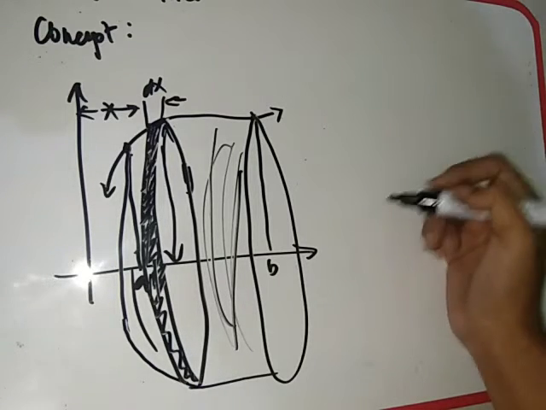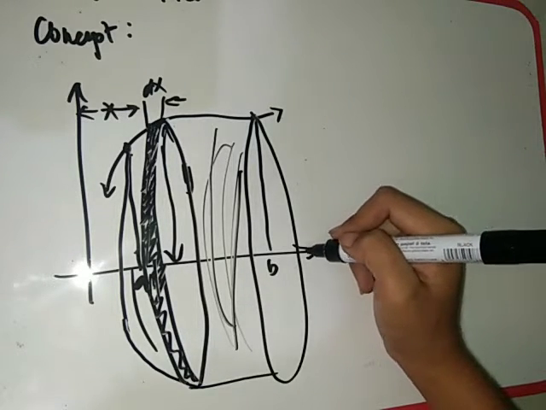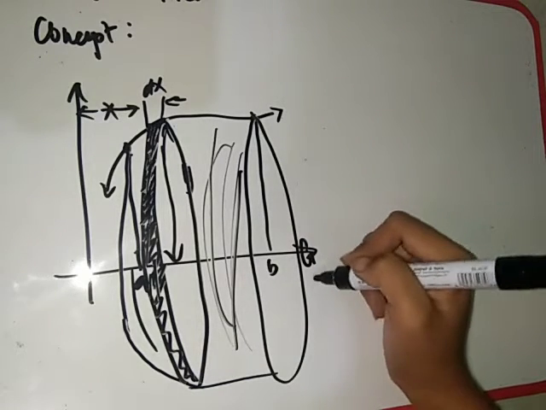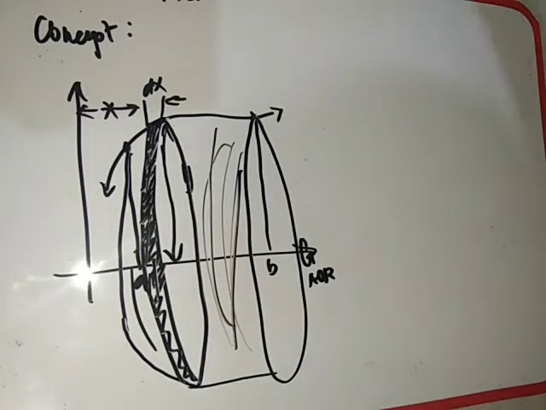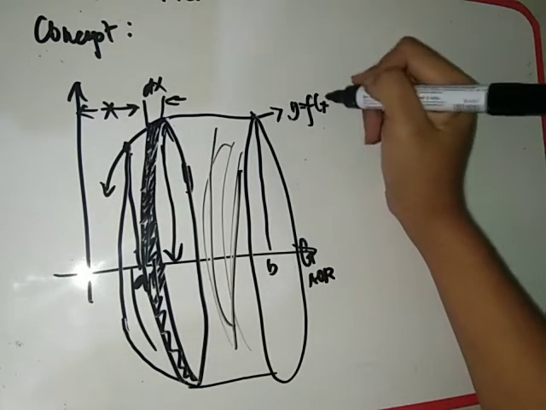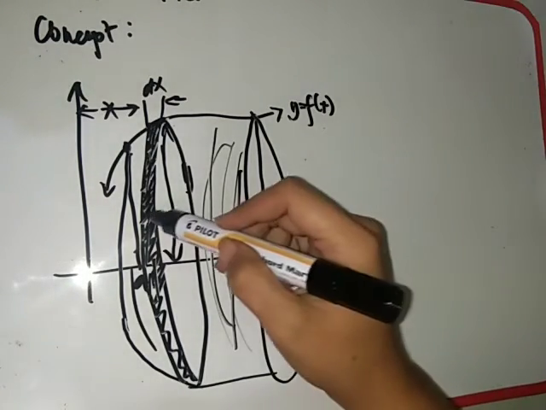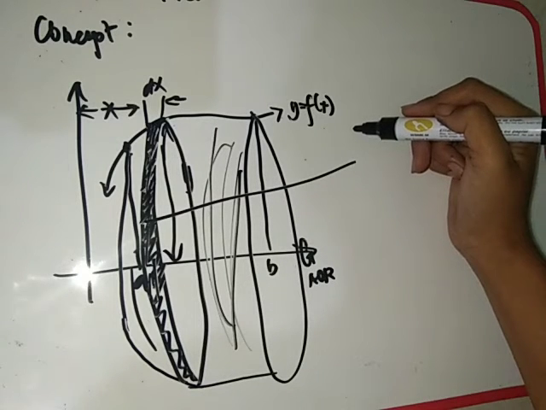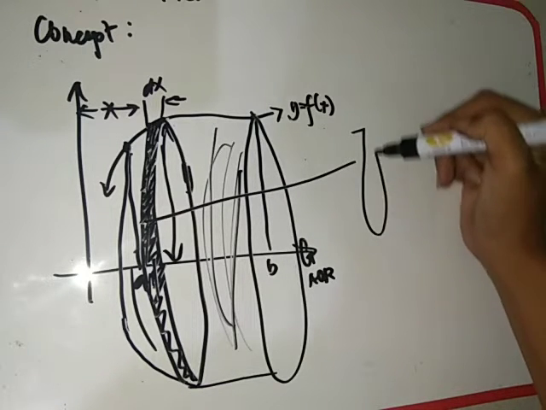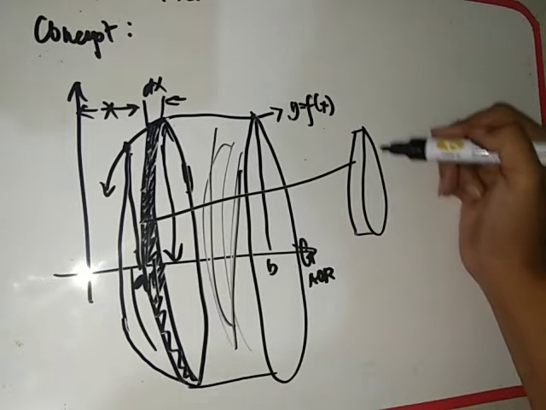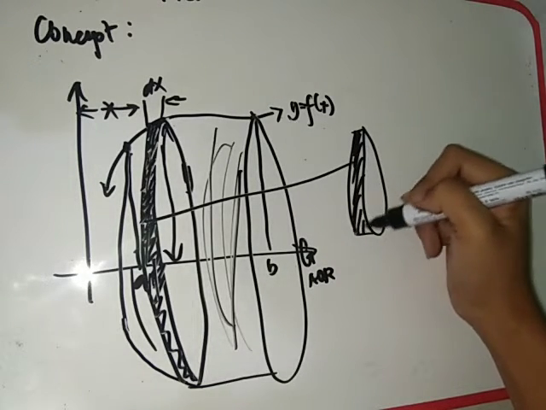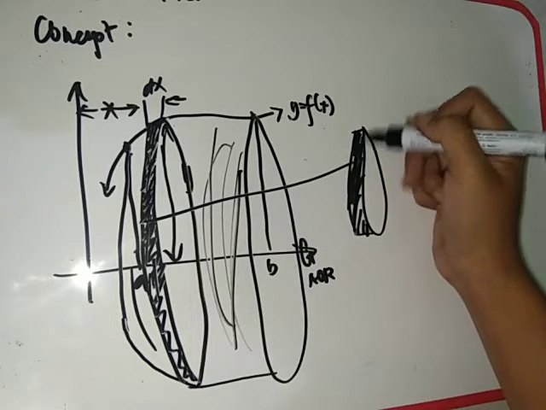So this is rotating about the x-axis, and then this is y is equal to f of x. So if you remove this, this is the surface.